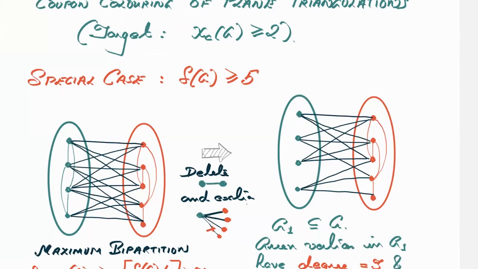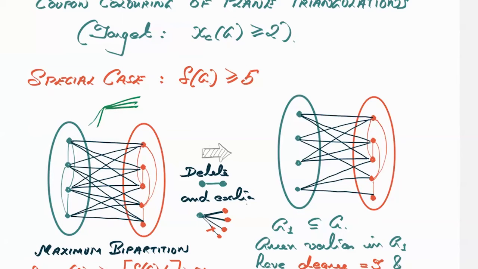So, if you take a max cut, then for any vertex on a side, more edges will go across the partition than into the same partition. Now since your minimum degree is 5, half of 5 is 2.5, so at least 3 edges will go to the opposite side.